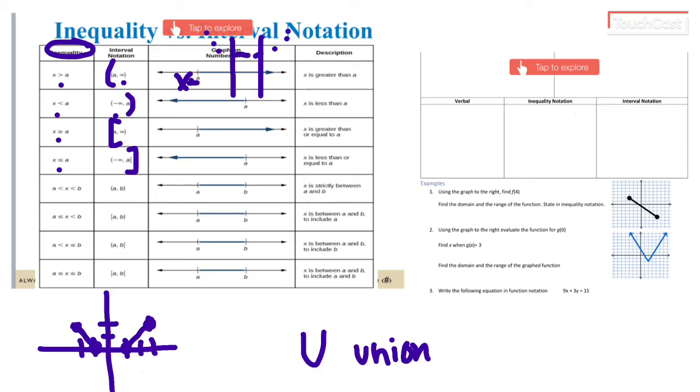And what I want to do is write my x values because I want to list my domain. So if I think about drawing a vertical line and moving it along the x-axis so that I'm thinking only about the x's, what is the first x that I encounter? Well, this one right here.